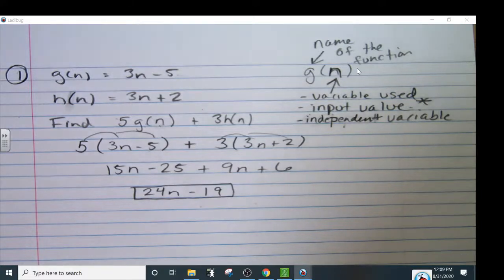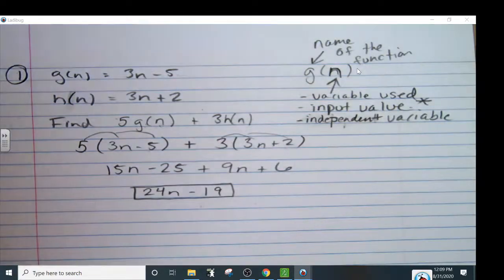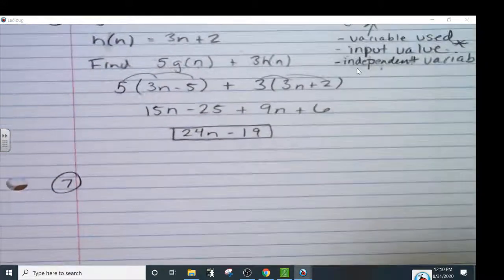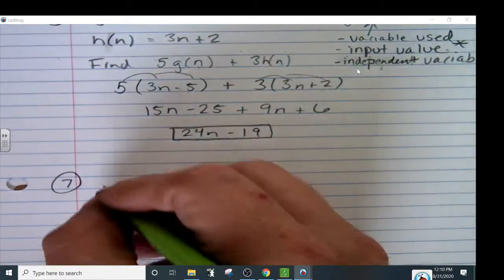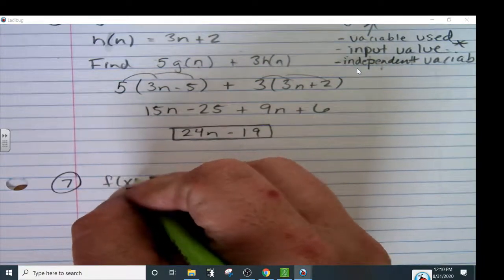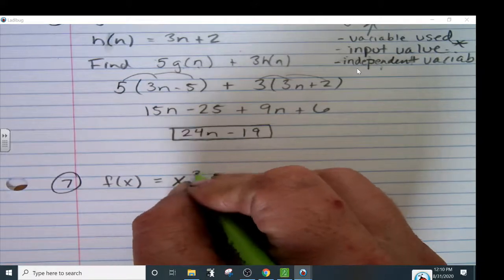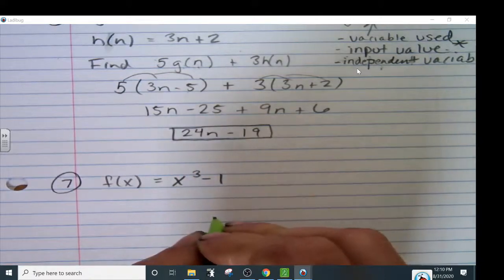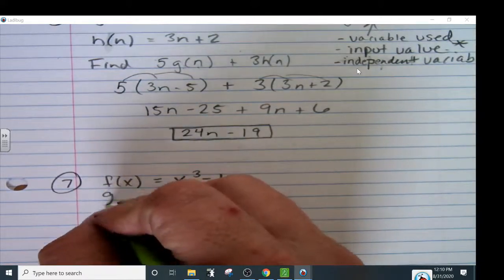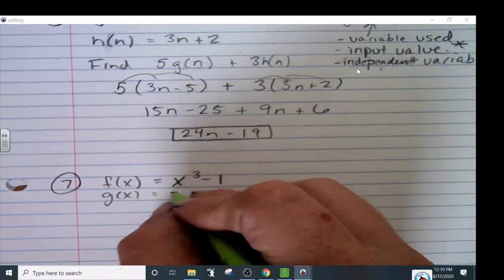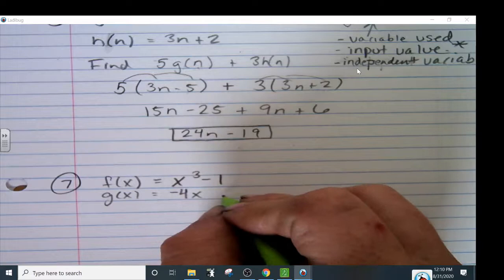Okay, so let's do number 7. Number 7 is f of x equals x cubed minus 1, and g of x equals negative 4x plus 2.